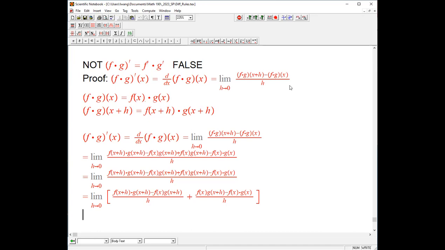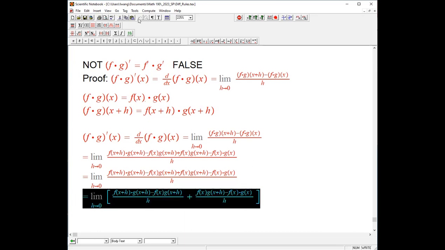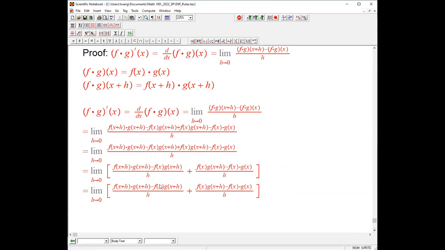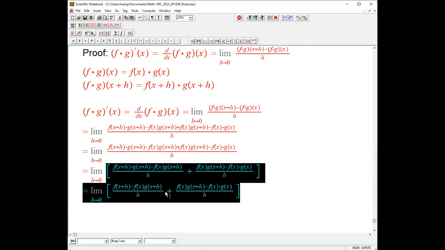But now if we do some manipulation here, we can identify those individual limits that exist. So the first one, we have f of x plus h times g of x plus h. And g of x plus h, these are common factors. So we factor them.